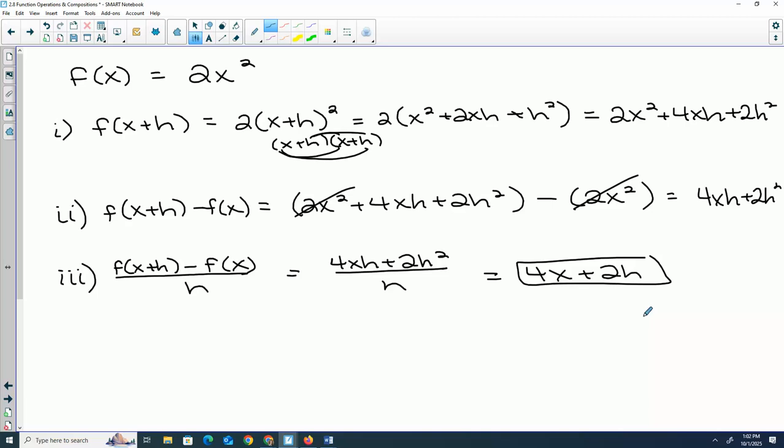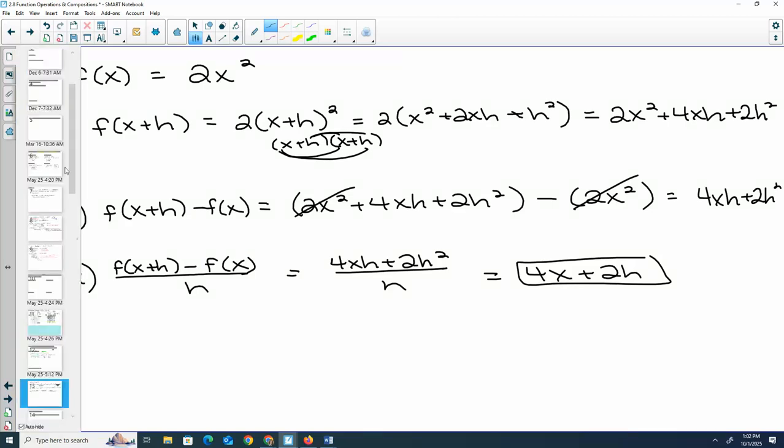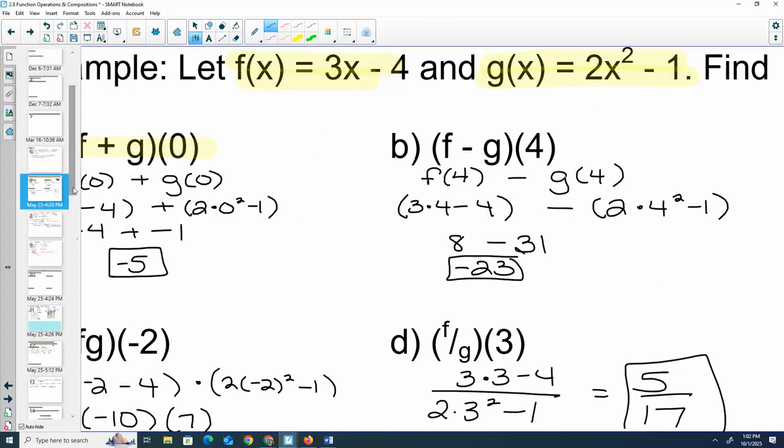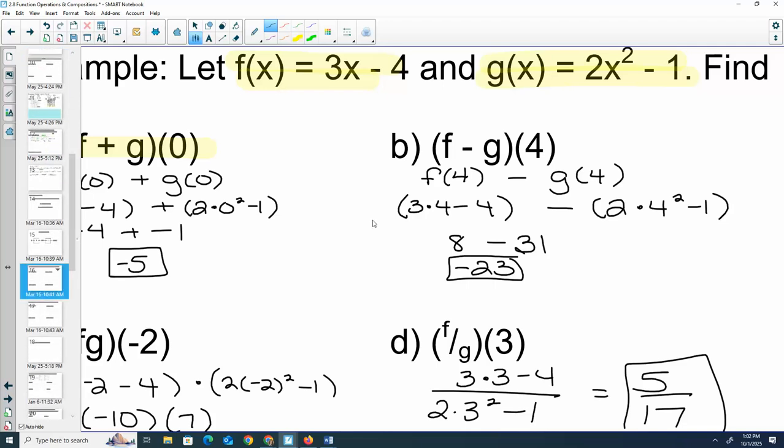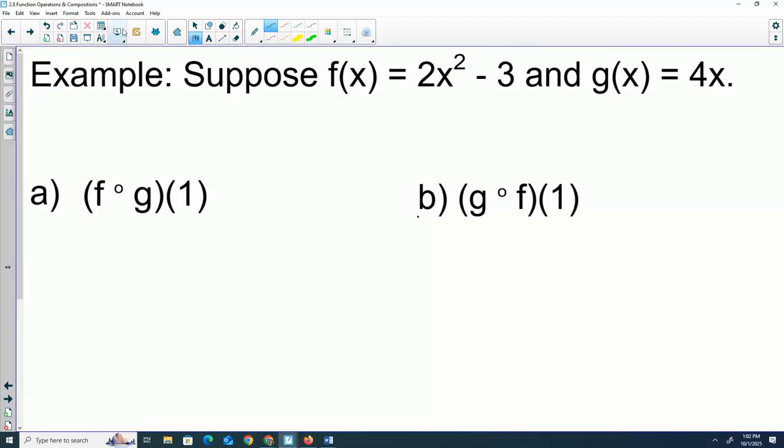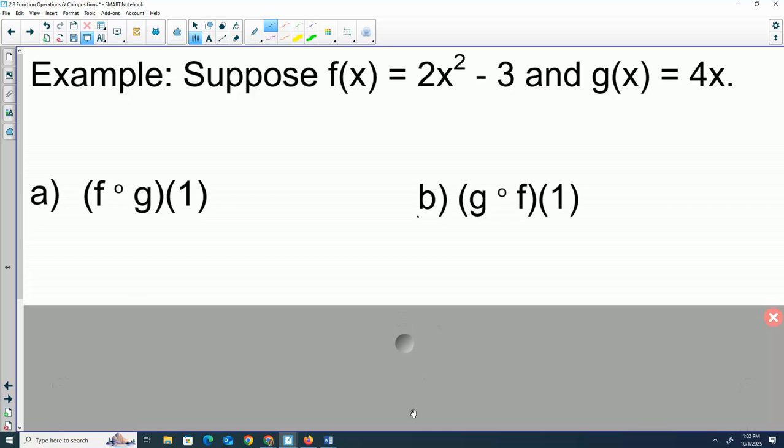The last slide I want to go over today. You have seen it before. You've talked about function compositions. So if I told you f of x is 2x squared minus 3, g of x is 4x.